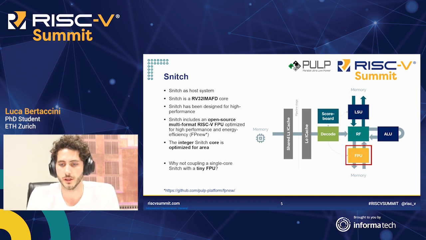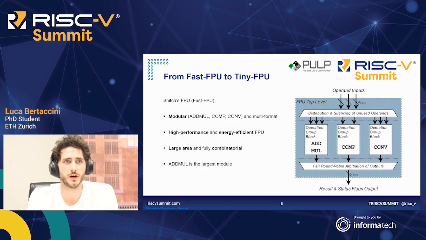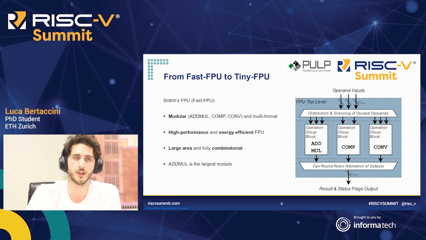So we started analyzing the native FPU inside Snitch, which we will call fast FPU. This is a modular FPU, which means that it is composed of some hardware blocks. Each operation group has a dedicated hardware block. So we have a module for floating point addition, multiplication, subtraction, fused multiply and addition, and so on.